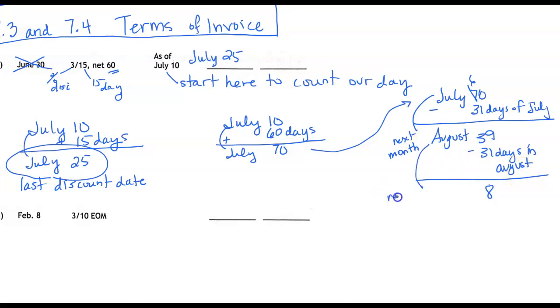And so the next month is September. And September 8th does exist in the calendar, so that's where we're going to stop. September 8th is our net payment date. And then we'll work on the next question.